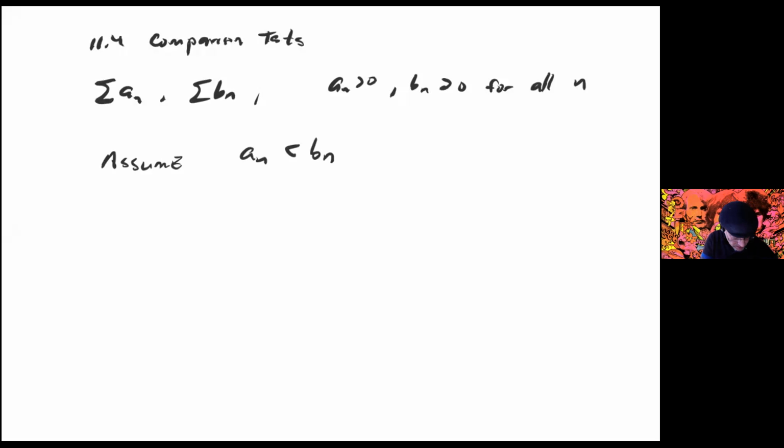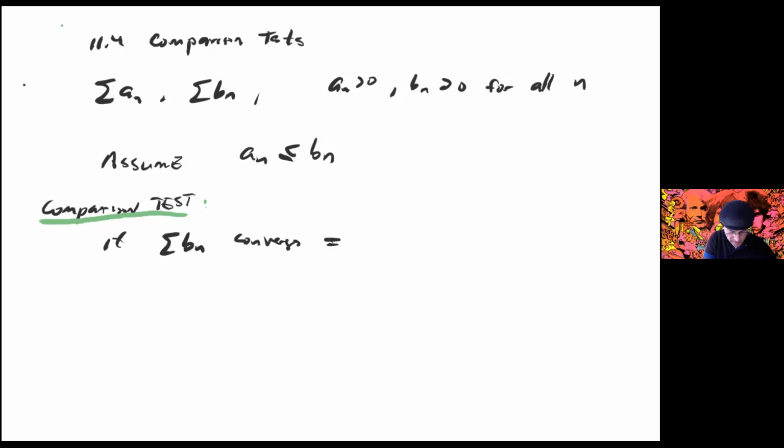Okay, so the first comparison test is the following statement. It says that if the larger series, summation B sub n, converges, then summation A sub n converges.